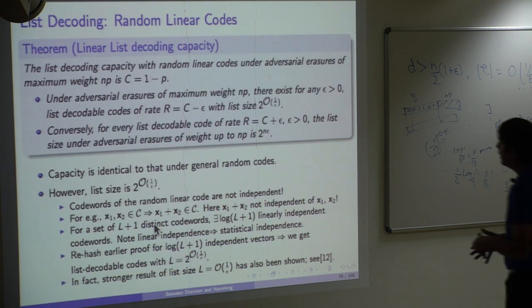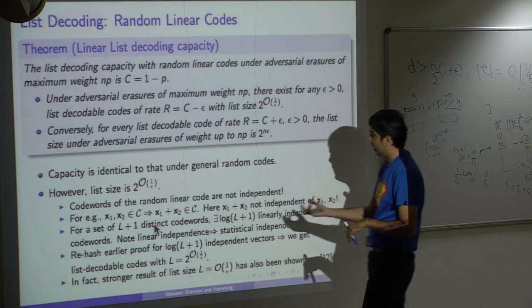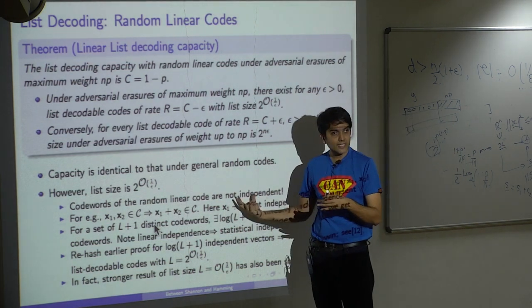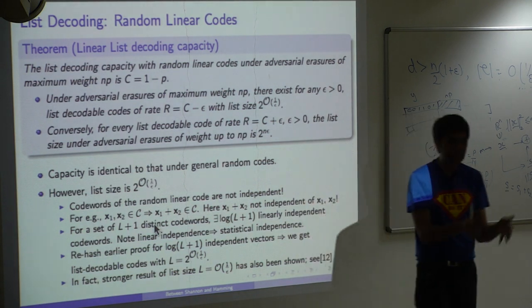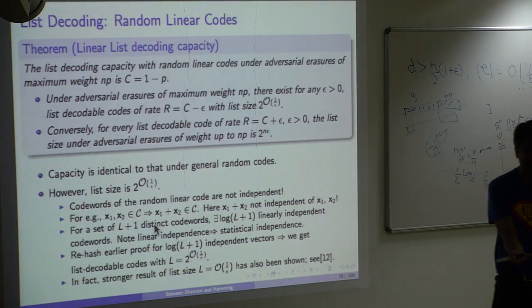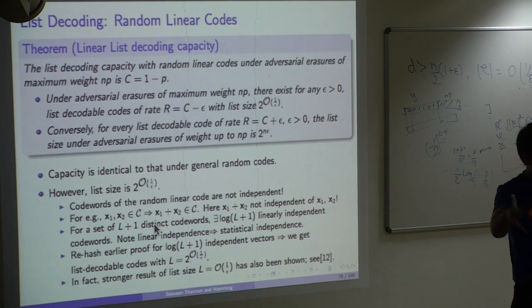However, any set of a certain size must have a subset of linearly independent code words. This is just a fact of linear codes, right? Someone gives you a set of size S. If it's a binary code, then it must have log S linearly independent code words, right?